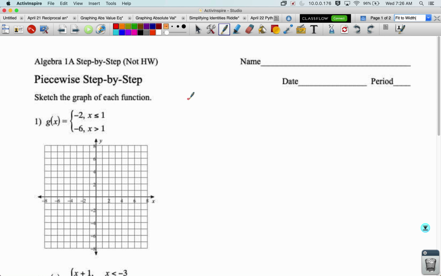So step 1. All right. We want to identify the boundary values. All right, and so we look at the inequalities.